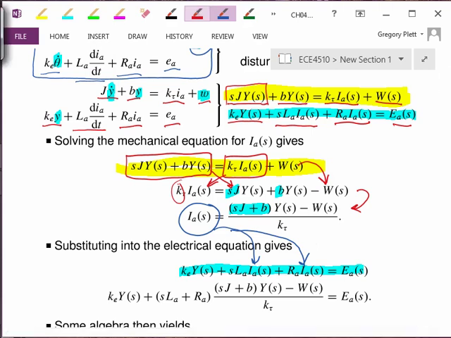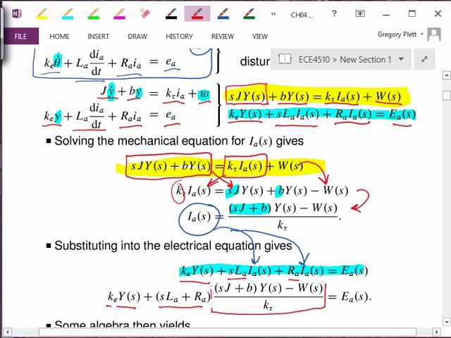In the first term here, KE times Y is not changed, but then I've got S times L plus R, all times IA, so this is the equation we found for IA of S back there: SJ plus B times Y minus W over K tau, and then that all equals EA of S.